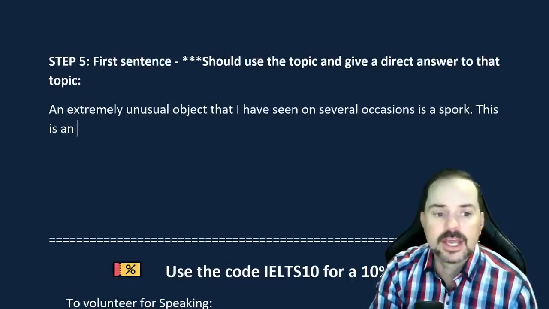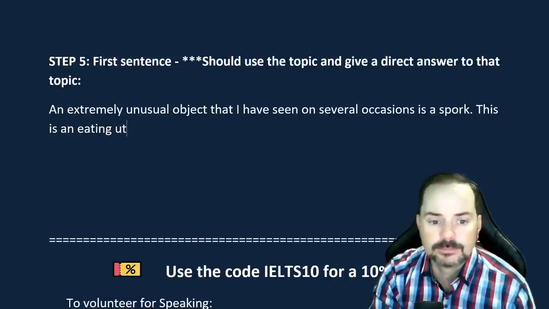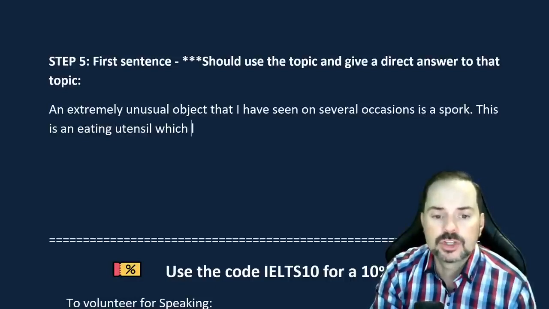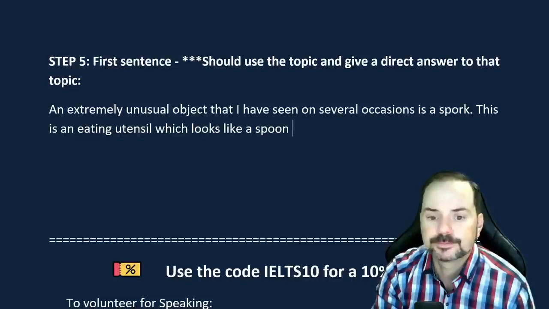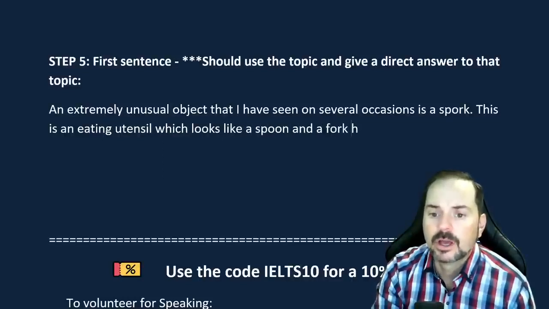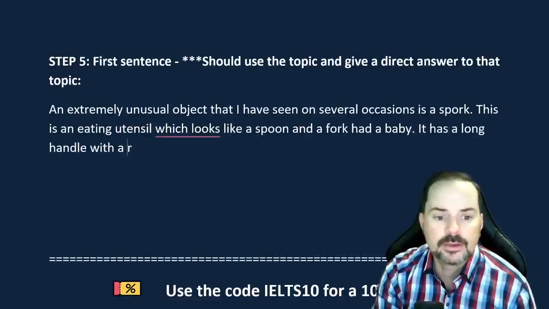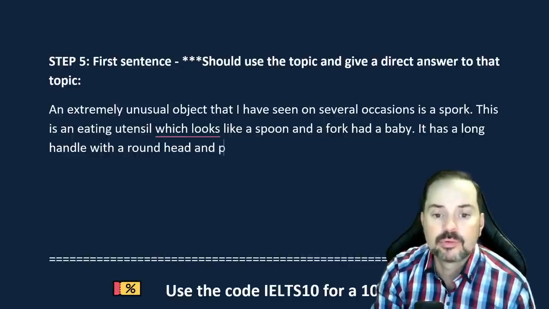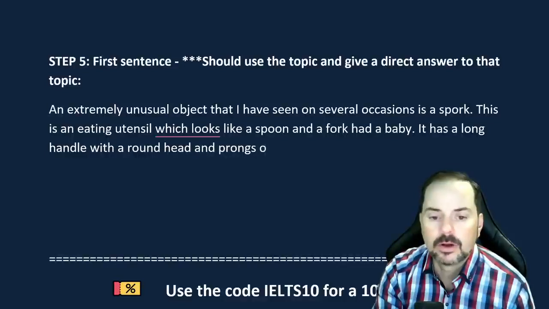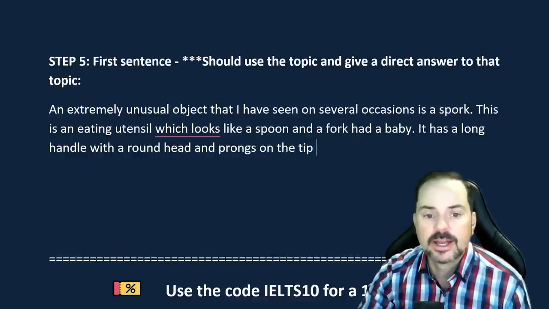This is an eating utensil, which looks like a spoon and a fork had a baby. It has a long handle with a round head and prongs on the tip. Okay, so I'm teaching you some vocabulary here as well.